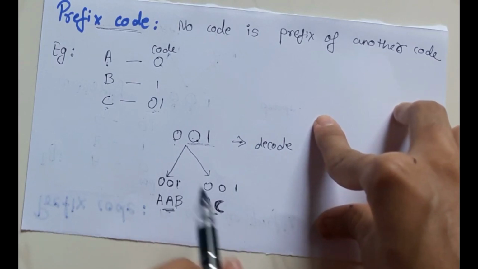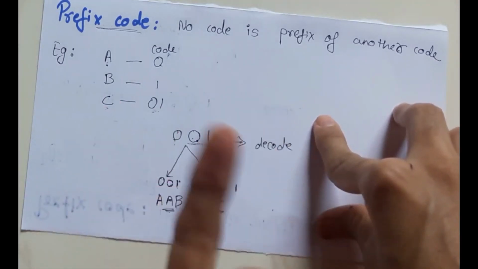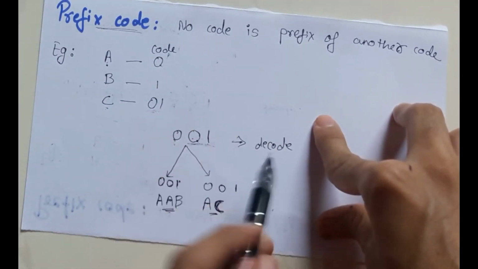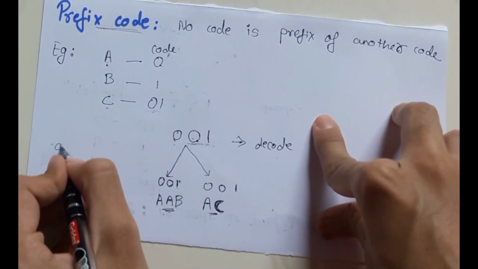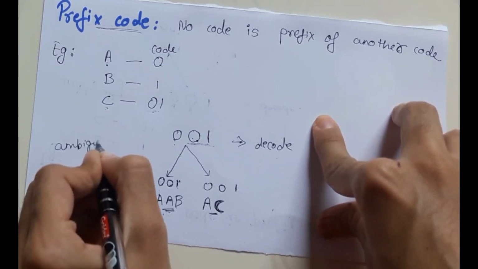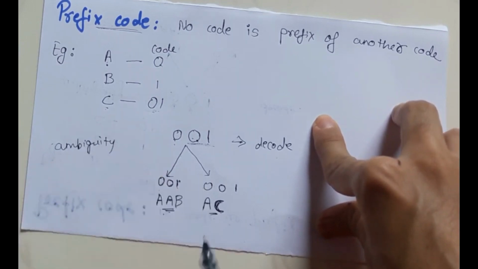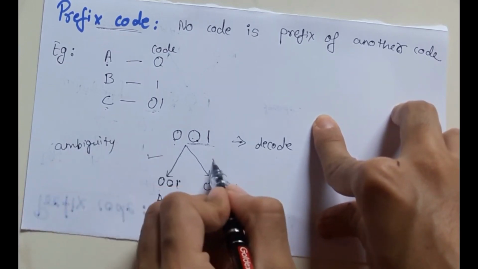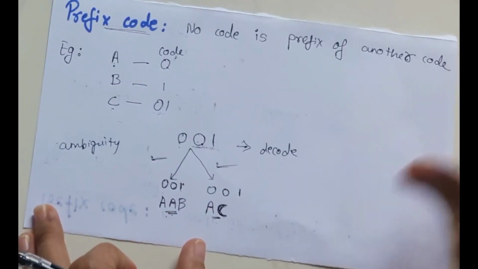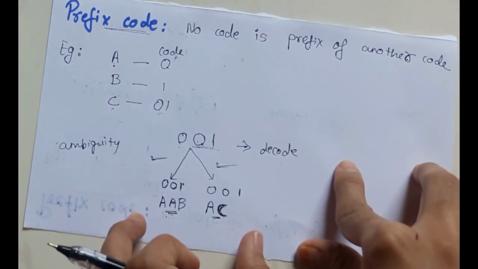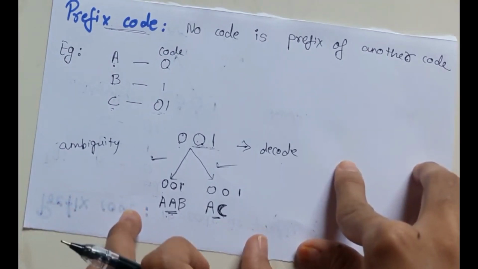Now you can see that the sender is sending only one message and the receiver is decoding it in two ways. So this is nothing but ambiguity, right? Now how will the receiver know which is correct? Now, how does this ambiguity arise? Why is this ambiguity there?